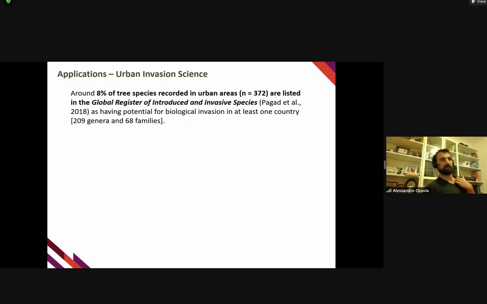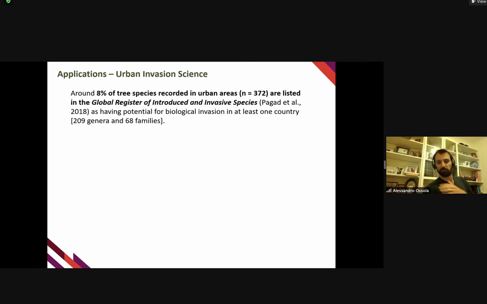So this means that some of these species might have potential for biological invasion, at least in one country. And it's a pretty significant number if you consider that these species are only trees and some shrubs.